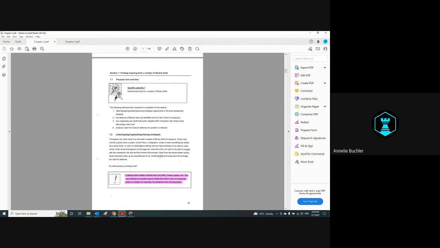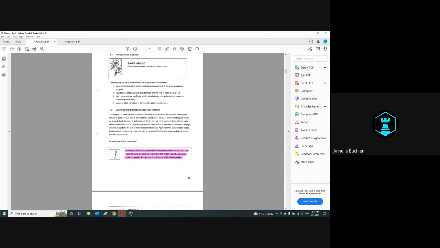Now, I previously told you the definitions are extremely important. So on page 63, they provide you with a definition of literary text. It's written material, poetry, novels, essays.